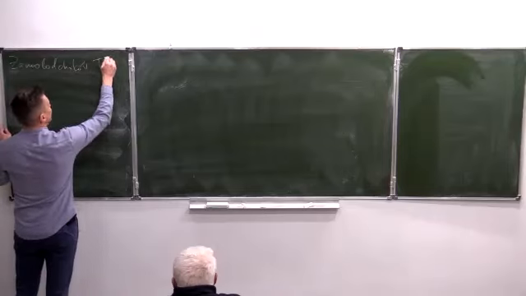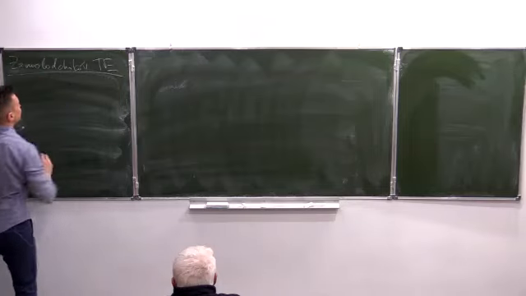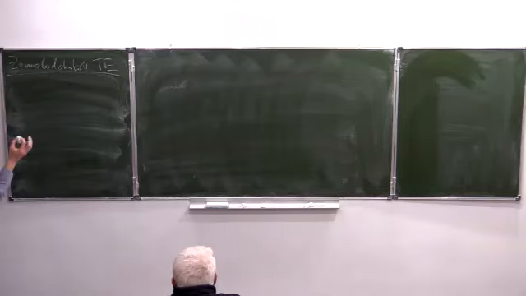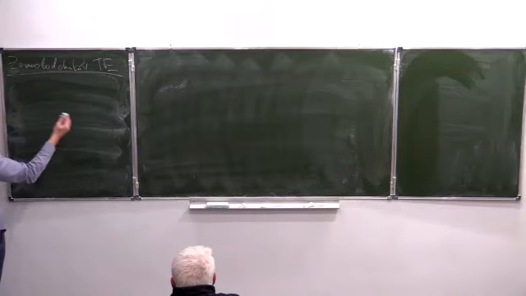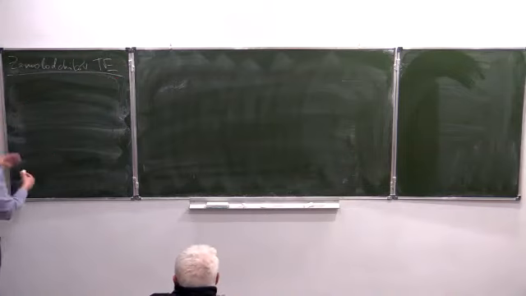Zamolodchikov tetrahedron equation. For me, it needed a lot of time to be able to keep in mind all the indices, all the definitions. But we will start with just the definition, and I will try to explain how it is managed.